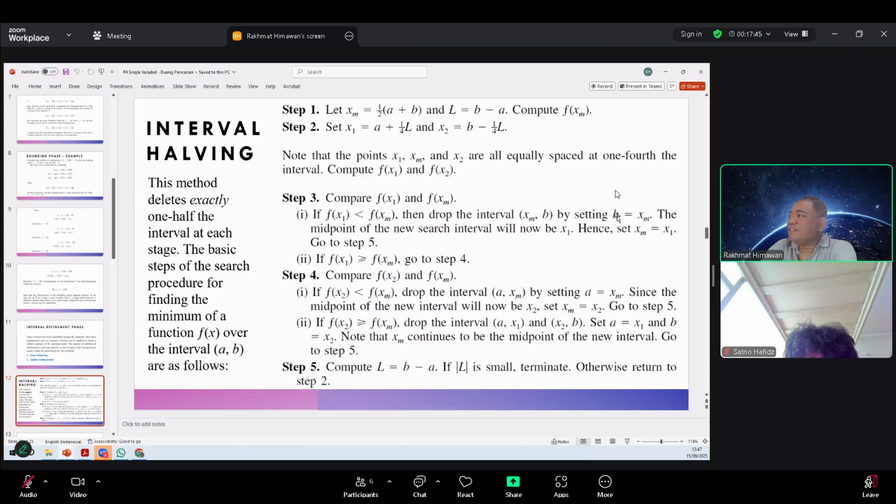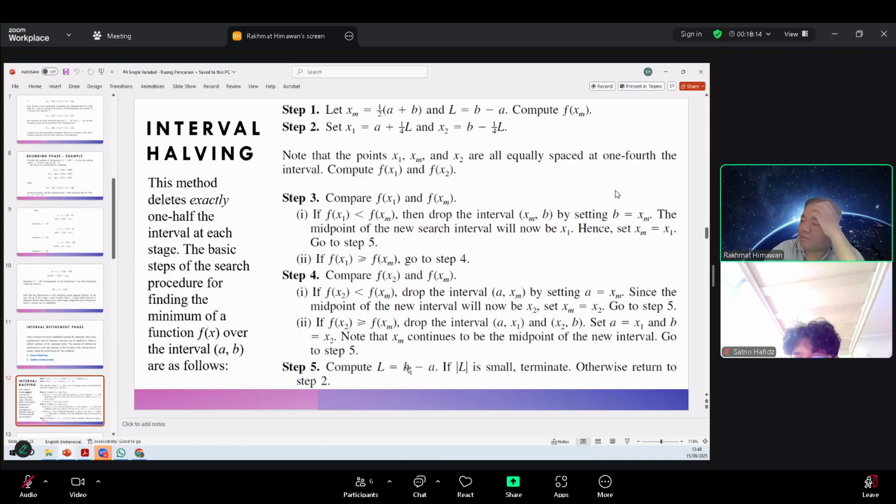This is the new b; the old b was a bigger number. Now the new b is equal to your xm, the midpoint. Previously the midpoint was xm, now it becomes x1. So set xm equal to x1 and set b equal to xm. And then go to step 5.